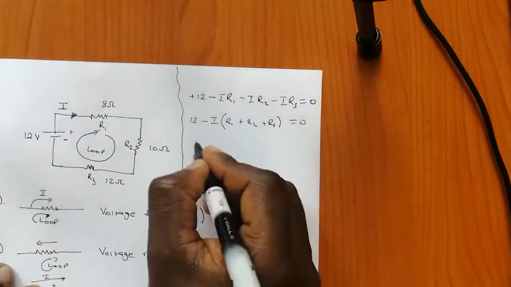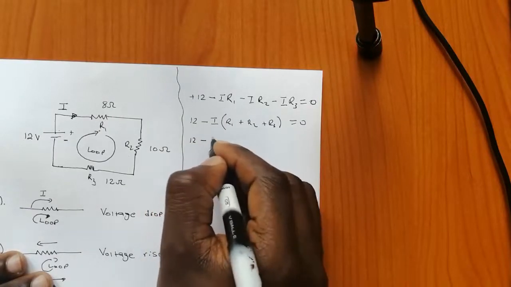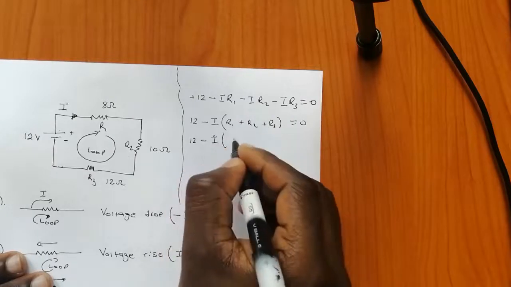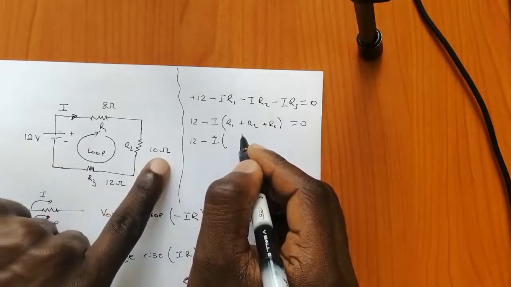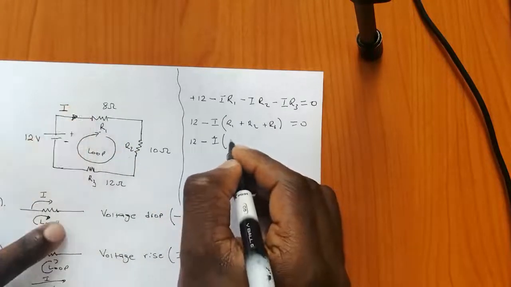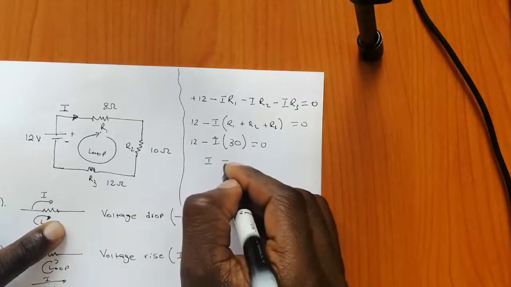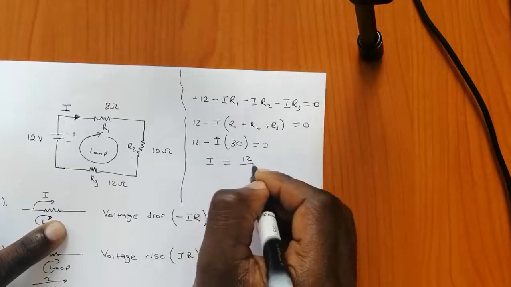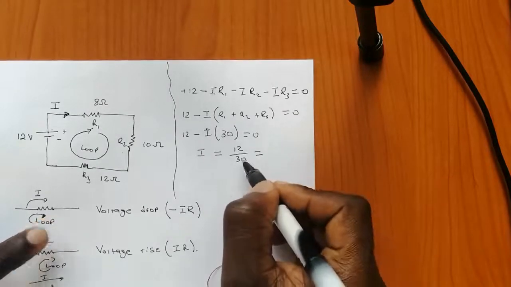Equals to 0. Therefore, this is going to be 12 minus I into (R1 is 12 plus 10, 22, plus 8 is 30) equals to 0. Then you can solve for I, which is going to be 12 divided by 30.